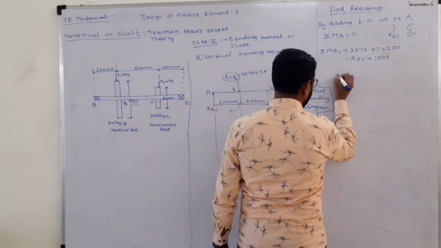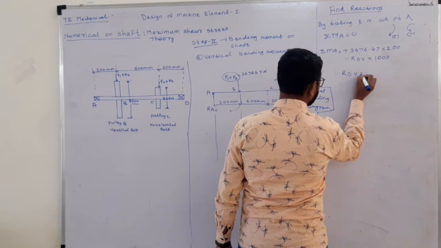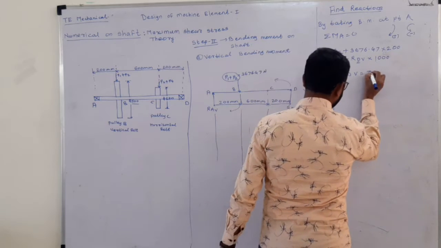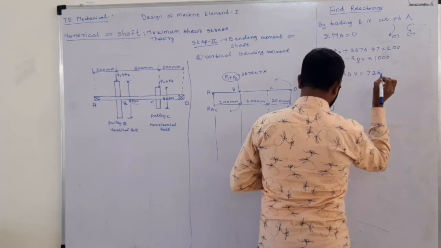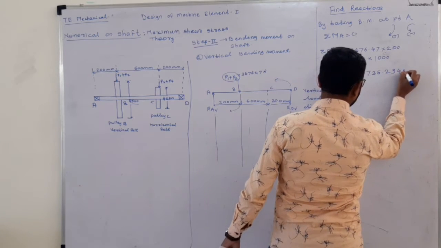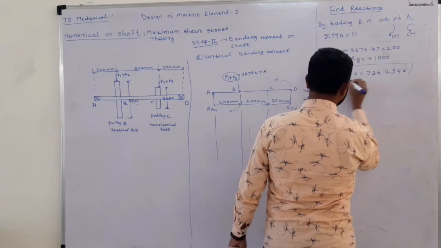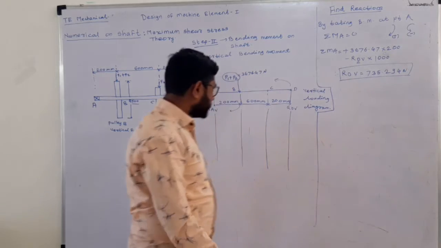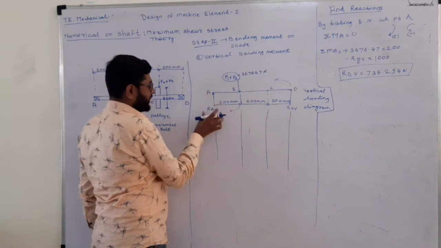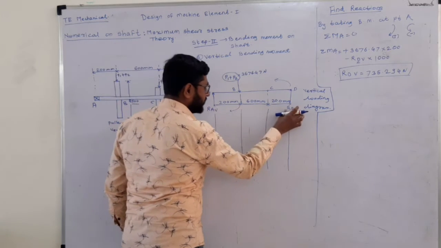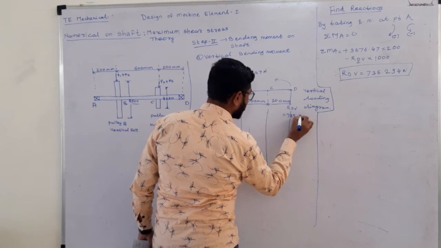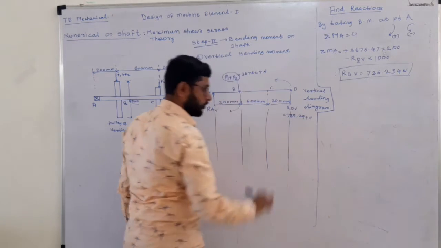So by calculation you will get RDB equal to 735.294 Newton. So students, by taking bending moment at point A, you will get the reaction RDB equal to 735.294.